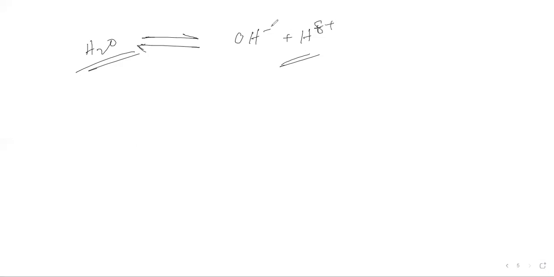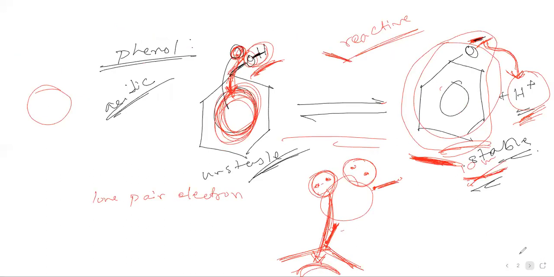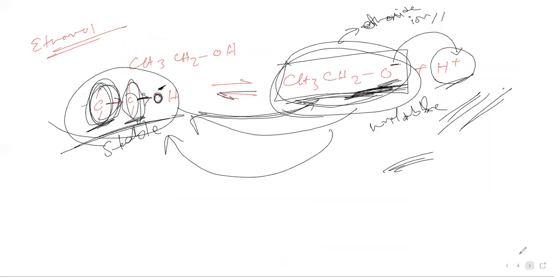Though these are actually delta plus and delta minus, we can write plus and minus here. But water is a little bit acidic. Water is not completely neutral. Though this acidity won't harm us as we drink water, water is more acidic than ethanol. However, phenol is much more acidic than water.